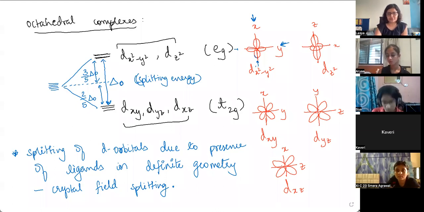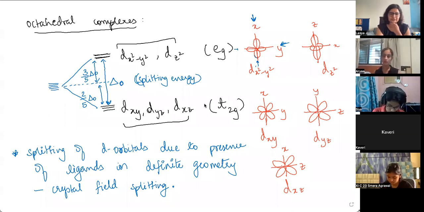Why is Eg called that? What does E stand for? Some Latin, I don't know. Gerade is German for even, so same equal energy, same symmetry with respect to the inversion center.